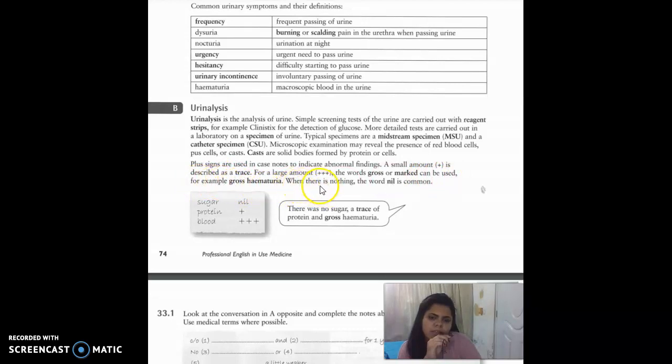When there is none, the word nil is common. For example: nil sugar, a trace of protein, and gross hematuria.